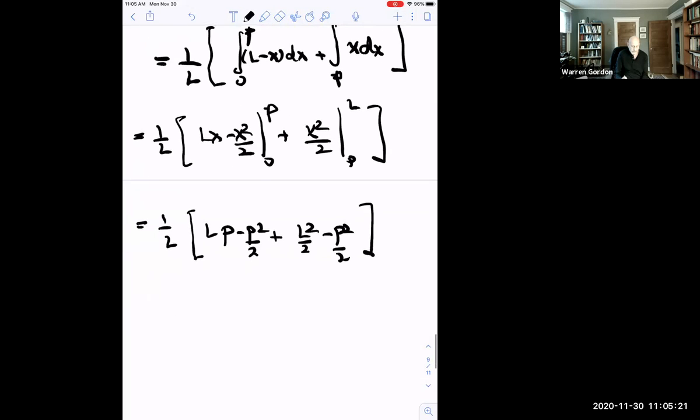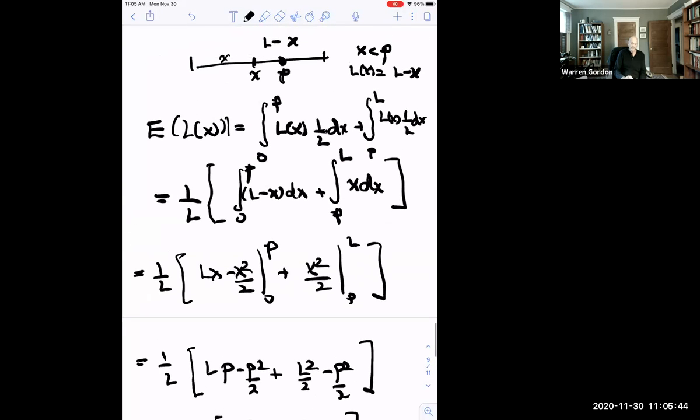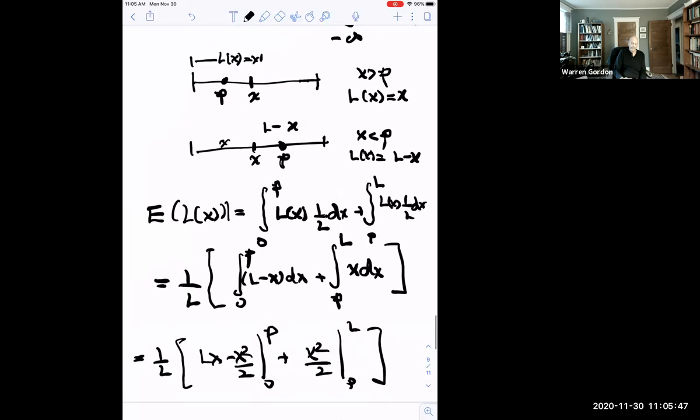And I could rewrite this as just 1 over L times L squared over 2 plus P times L minus P, if you like. So there's the expected length. You notice I showed you this because it was a little tricky to figure out what L of x was here because there were two cases.